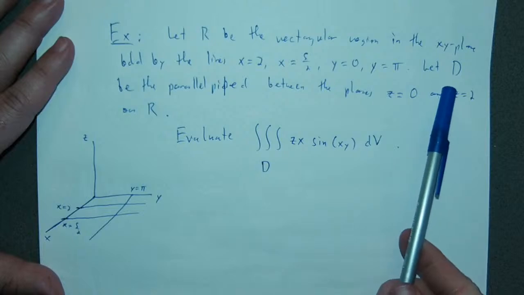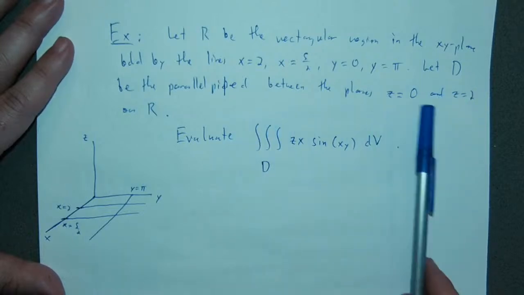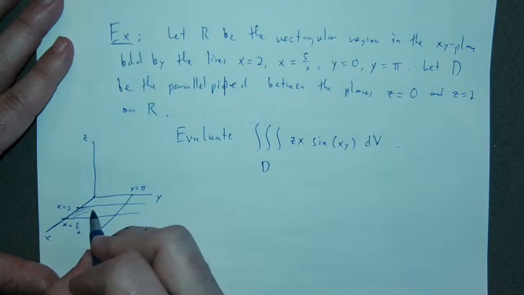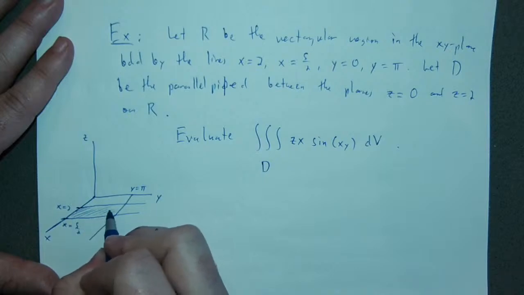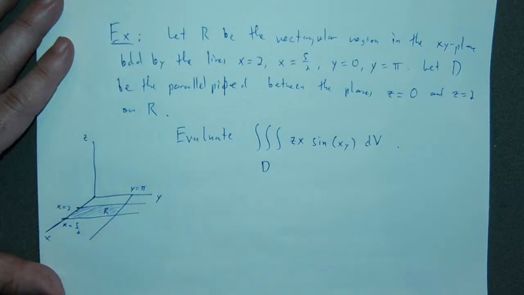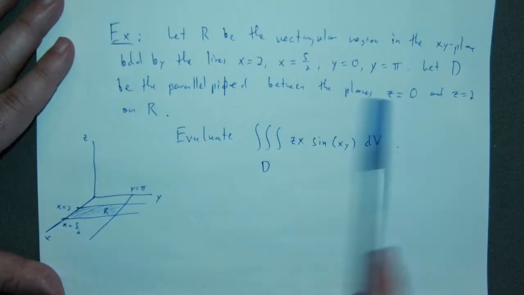And this region D is the parallelepiped between the planes z equals 0 and z equals 2 on R. So here's our R, I'm shading it now. R is the base of D, the z equals 0 part.